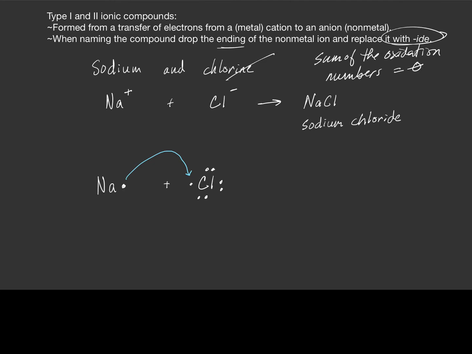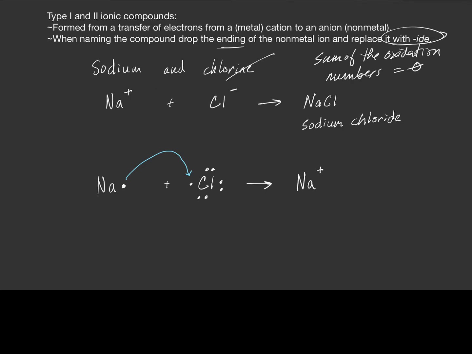Because remember, the sodium is giving an electron somewhere else, and the chlorine is taking an electron from somewhere else, which makes it a chloride ion. So now we draw our arrow, and we see that sodium, if it gets rid of that 1 electron, would be positive by 1.